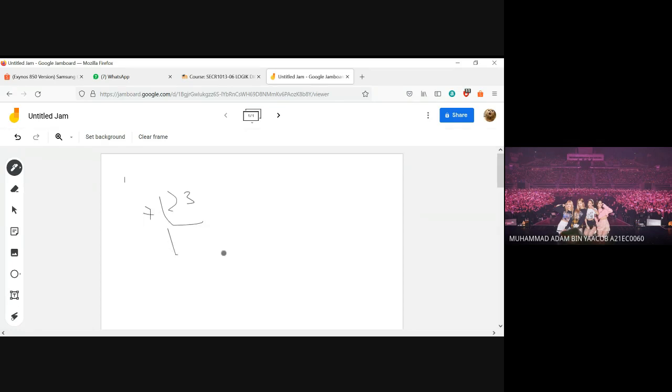So you'll get here 3, and this one is 2, and then this one will be here. That will be 2.